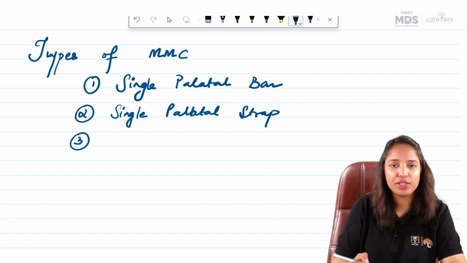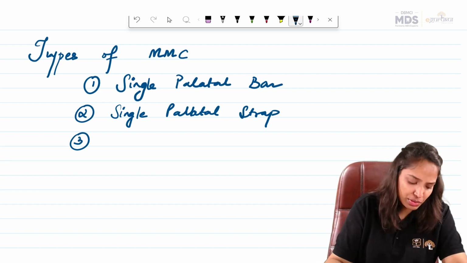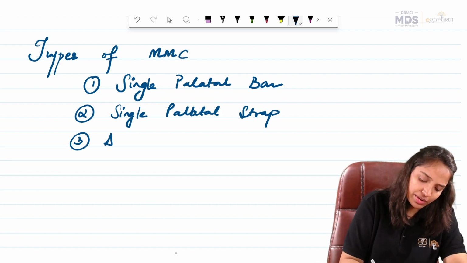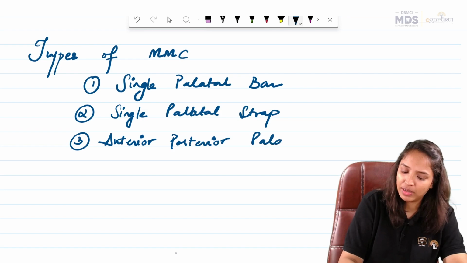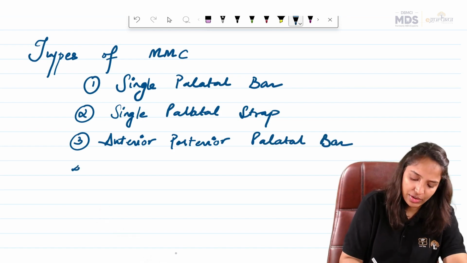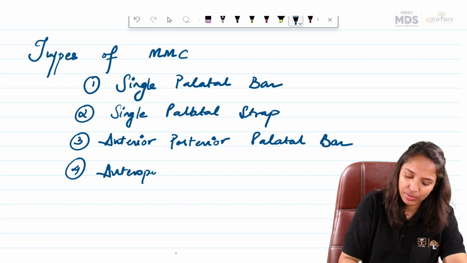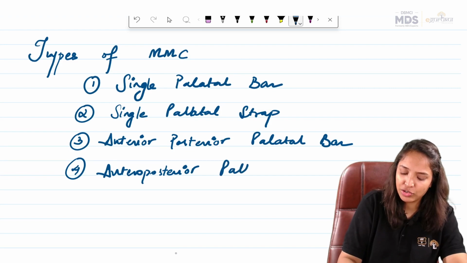Subsequent ones are a combination of these. So, you have anterior-posterior palatal bar, and you have antero-posterior palatal strap.